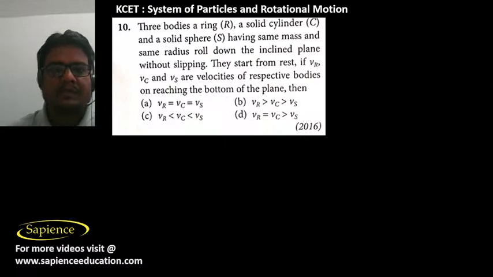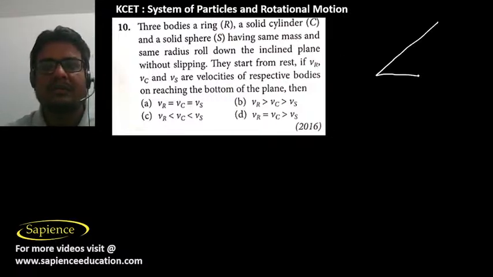Then three bodies, a ring, a solid cylinder, and a solid sphere, having the same mass and the same radius, roll down an inclined plane without slipping. They start from rest.